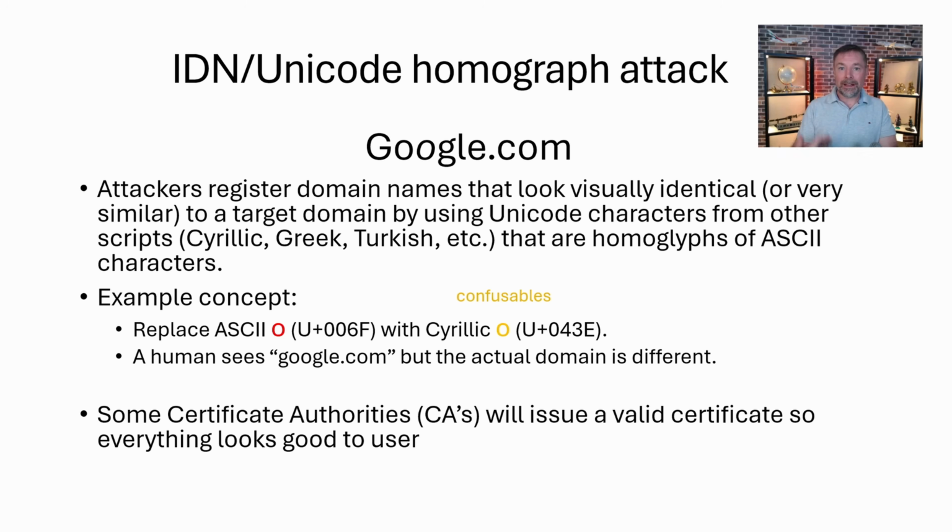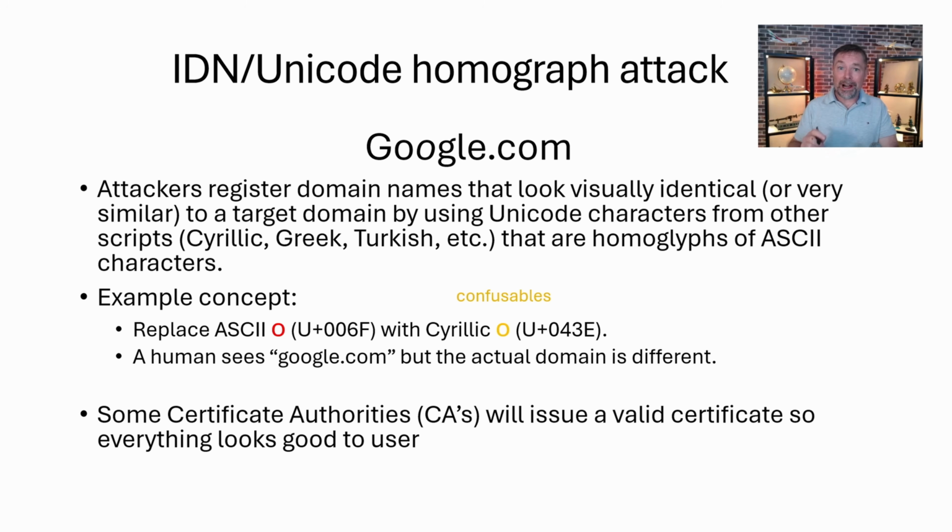So if there's a link that you click on and you inspect the link, you right click properties, look at the link, and it looks like google.com, and you don't notice that one of those characters is just a little bit different, when you click on that link or you copy and paste it into your browser's window, you're going to go to a fake website, because that domain is registered to a separate IP address from the real Google, and it will have a fake web page for you to go to. It can be Amazon, it can be Walmart, it can be whatever you like.